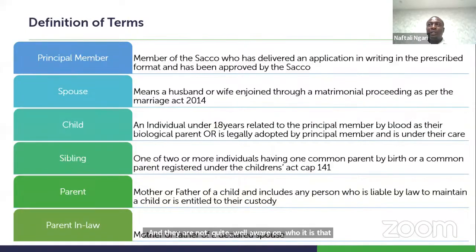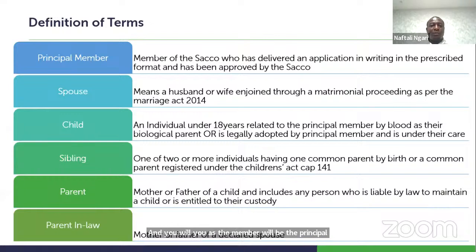When you're filling that application form, you will be asked to nominate members of your family who you wish to cover. And it is important to understand who can be covered and who cannot be covered. Of course, to qualify to join the scheme, you need to be a member of Safaricom Sacco, and you as the member will be the principal member within the cover.